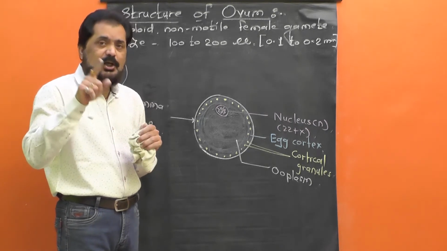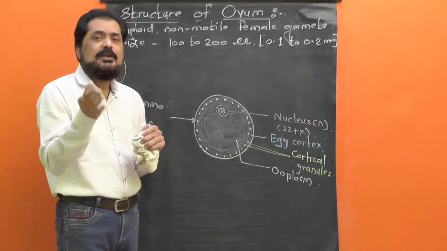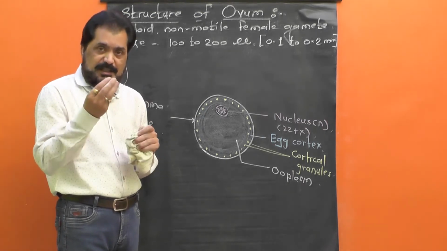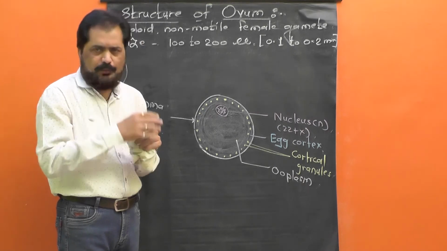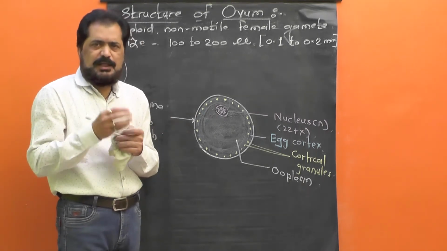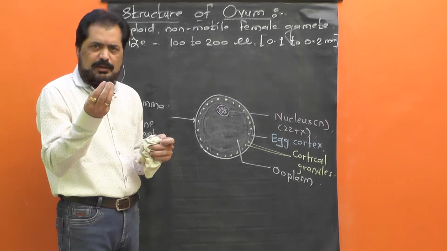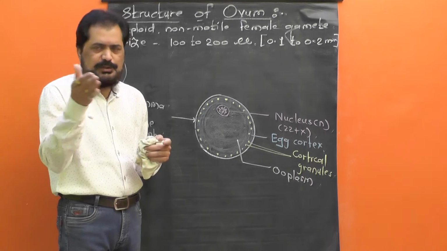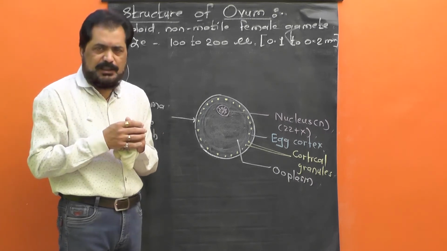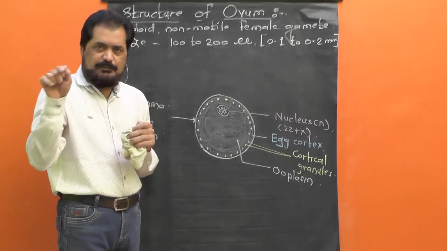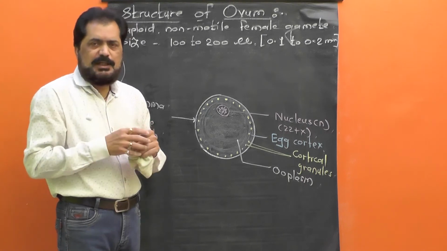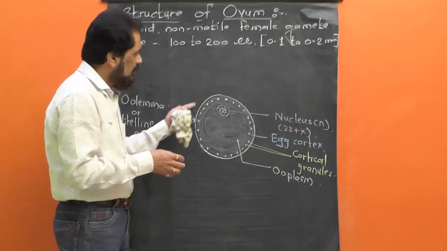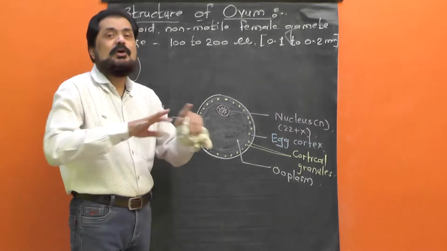Means in that egg of hen, albumin and yolk are reserve food material necessary for the growth of embryo, because in birds the entire growth of embryo and development of young one takes place within that egg. So it requires a large amount of food material, and in that bird's egg that food material is in the form of albumin and yolk. But here the human egg cell does not contain yolk.